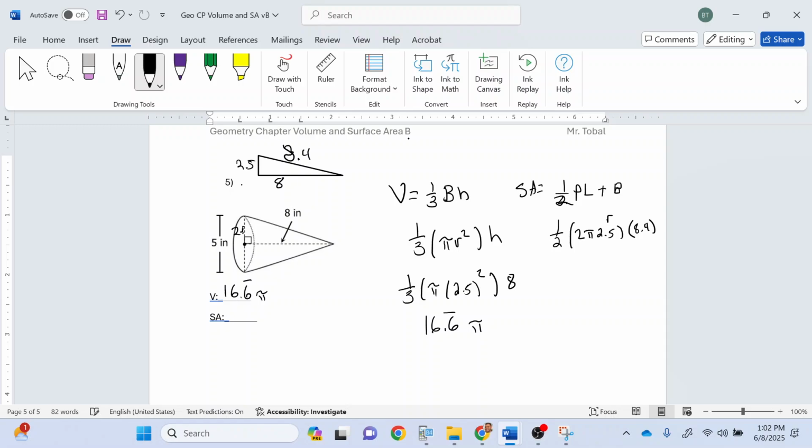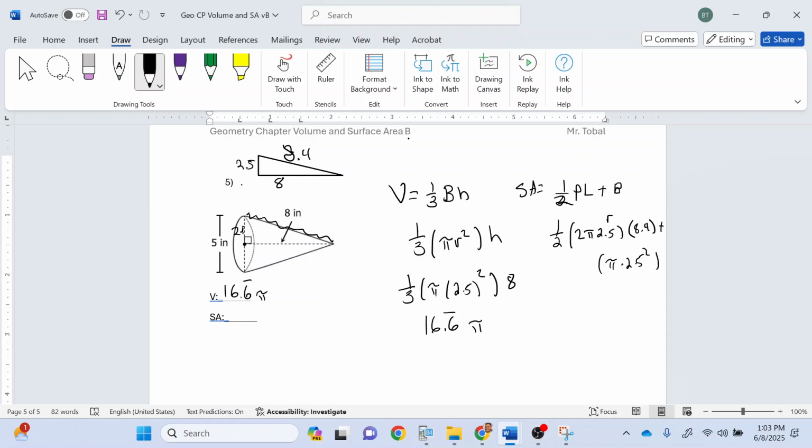The lateral height, remember, that's the side of this part. Plus my capital B in this case, which is going to be the area of the base, which is, again, pi r squared, or pi times 2.5 squared. It's kind of interesting where volume's a little easier to always do compared to surface area, but it is what it is.